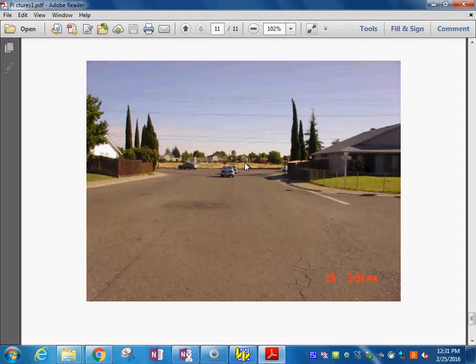Because what I was saying about this picture is that the driver of the Toyota Camry is saying he was on this street and he was going to turn left, just like this car is going this way.